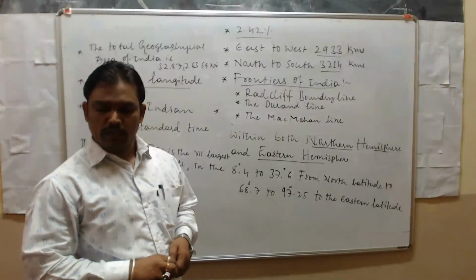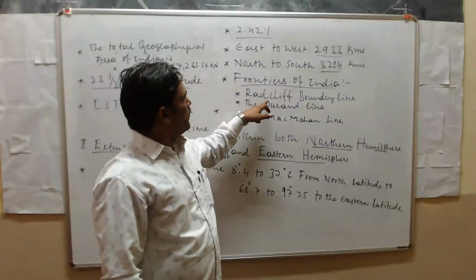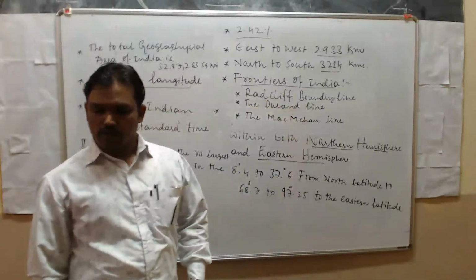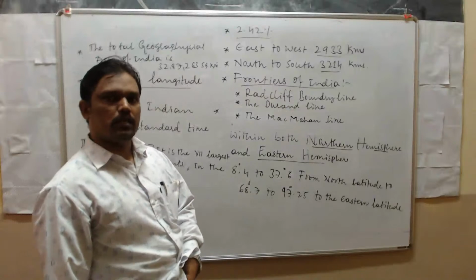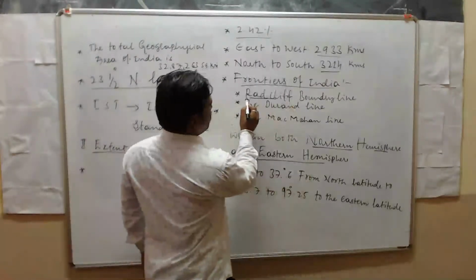First one, the Radcliffe borderline, which lies in between India and Pakistan. Already you know this Radcliffe borderline.